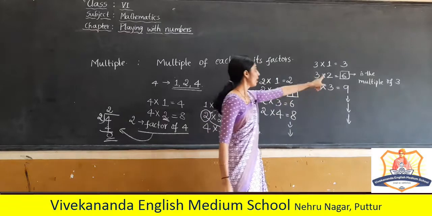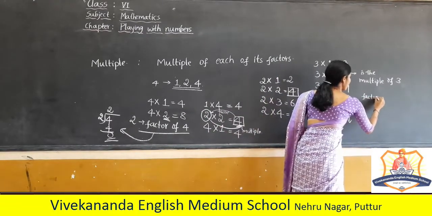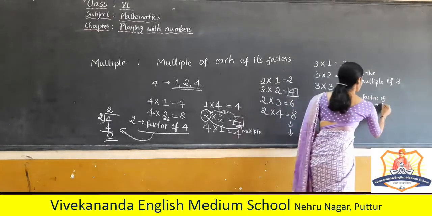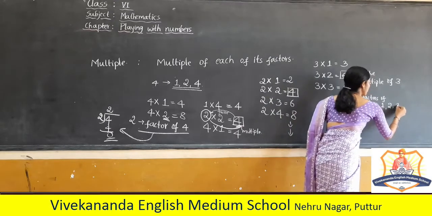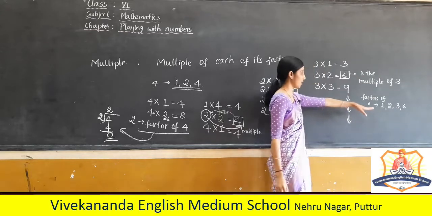And what are the factors of 6? Factors of 6, can you tell? 1, 2, 3 and 6. These are the factors of 6.